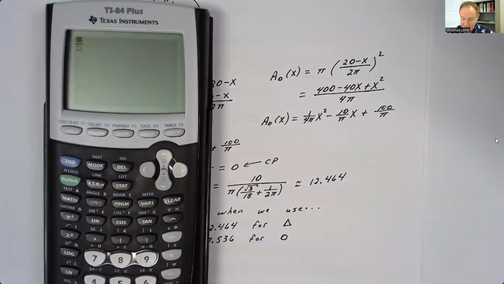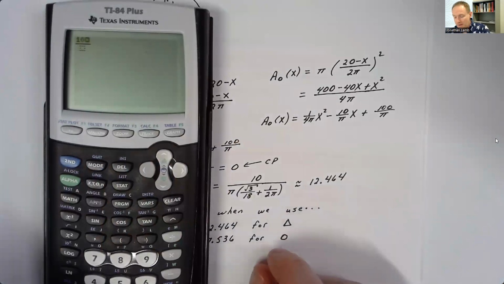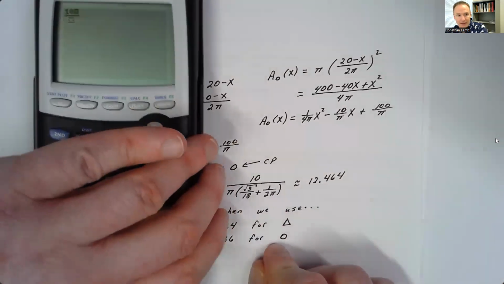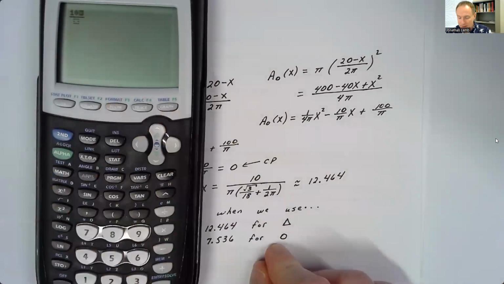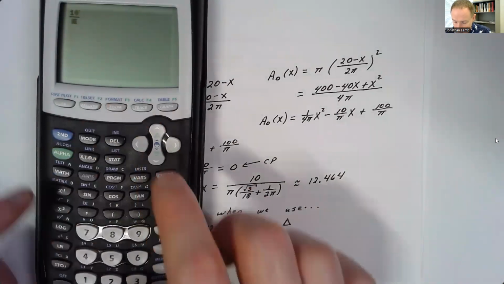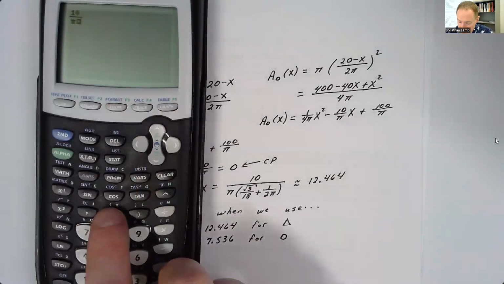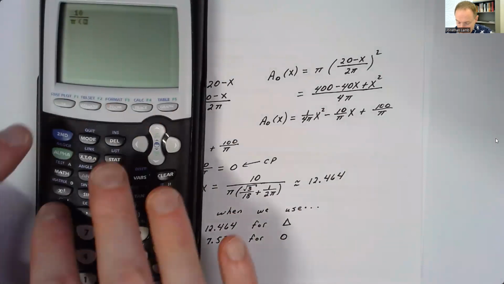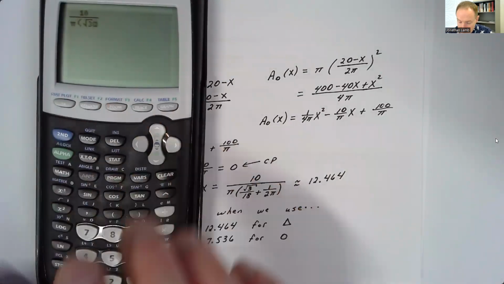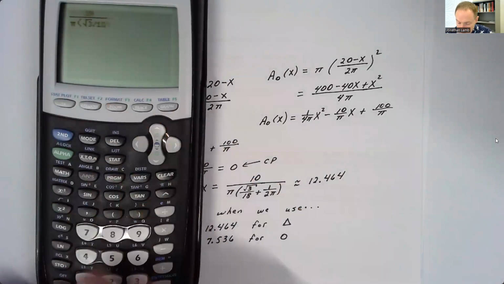I have 10, and then we want to take that 10 and divide it by the denominator there. My denominator has the factor of pi times the group, the square root of 3, I can get out of the square root, divided by 18, plus 1 divided by, and here's where some people would make a mistake.